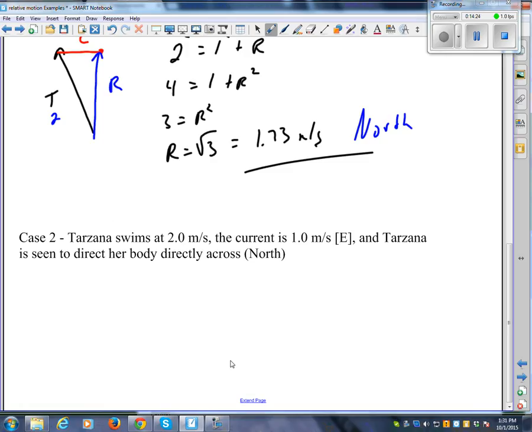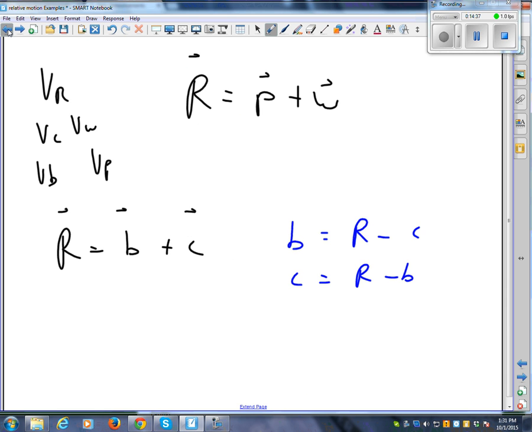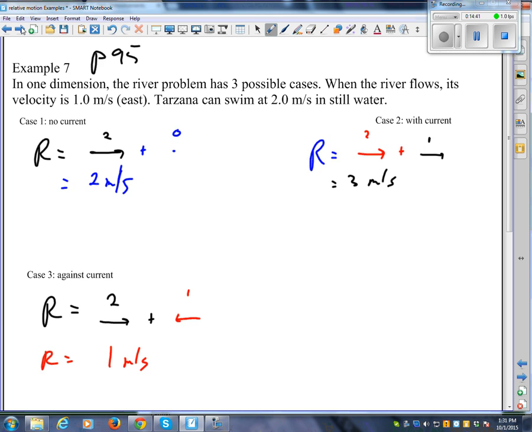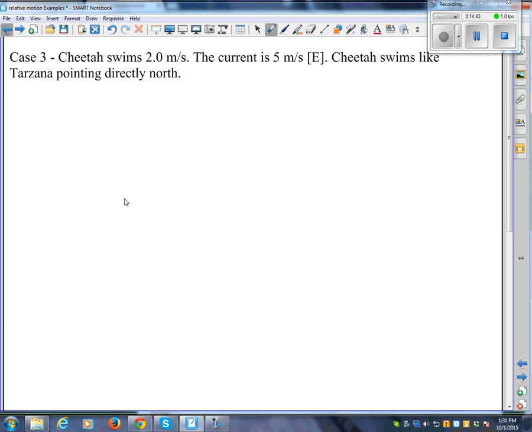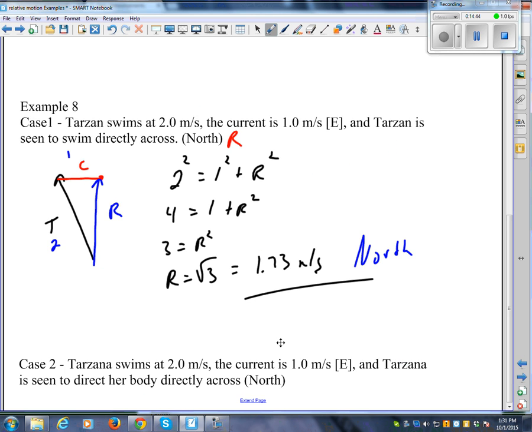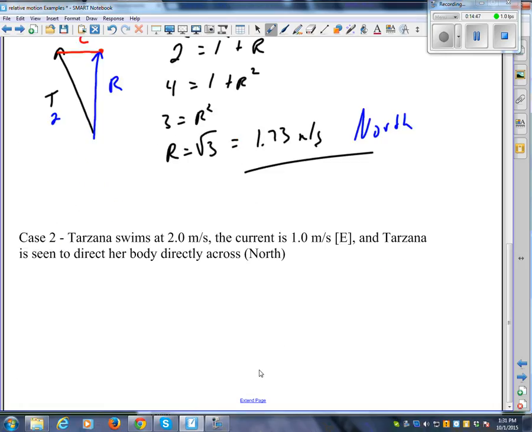Case number 2, she swims at 2 meters per second. The current is 1 meter per second east. She's seen to direct her body directly across. In other words, she just aims straight across and lets the current push her downstream, right? Like this picture here. Let's draw out the picture.